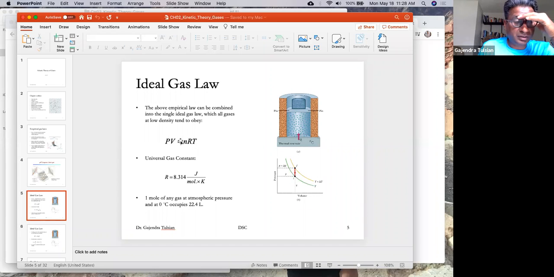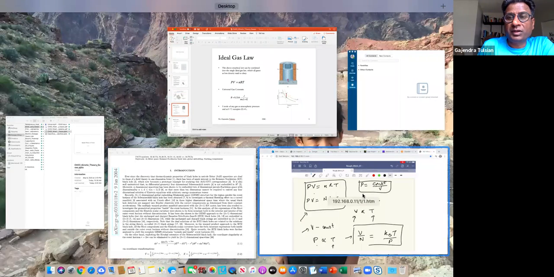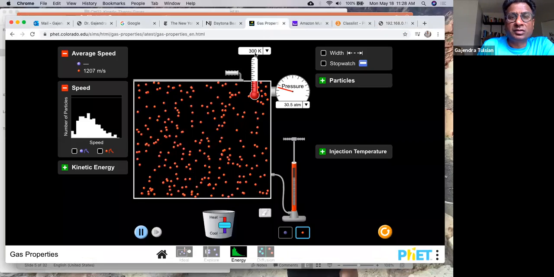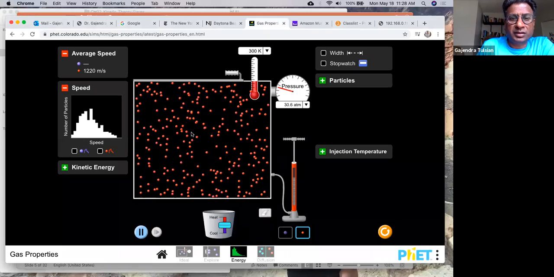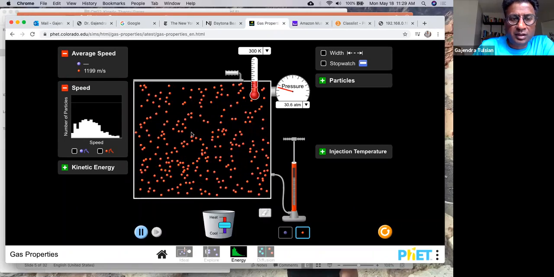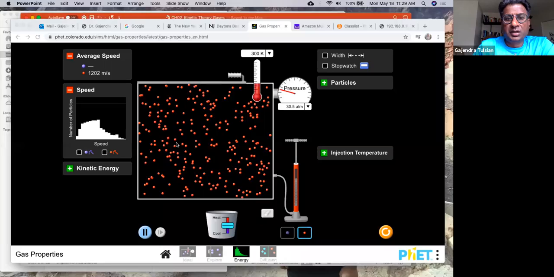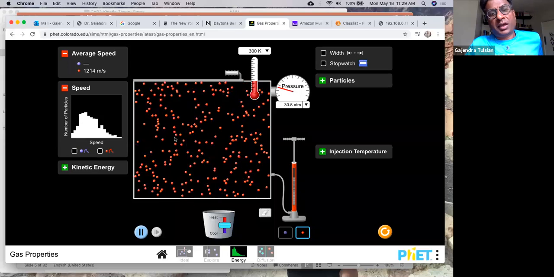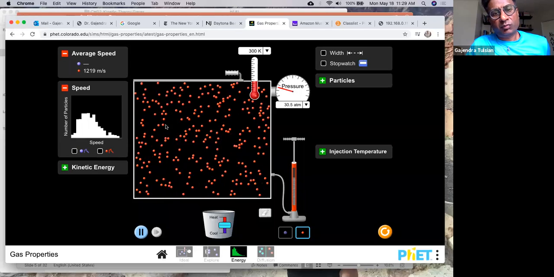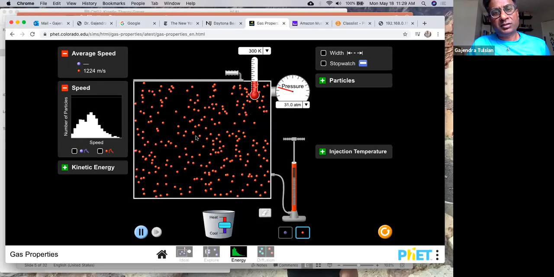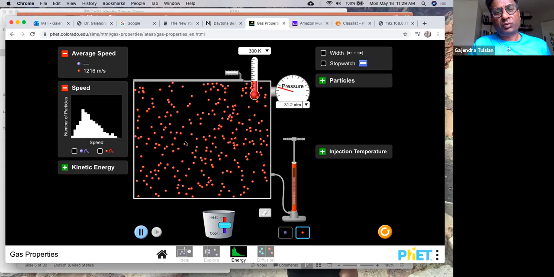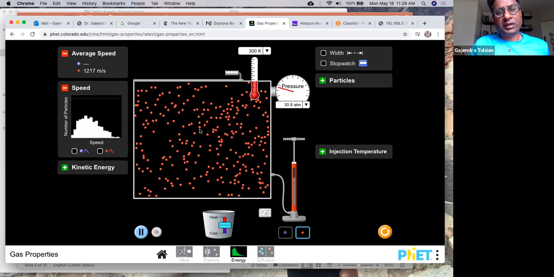In this ideal gas law, we are assuming the volume of each of those molecules is very, very tiny, so they're essentially point particles. Later we'll make corrections to this, but what the ideal gas law assumes is that gas molecules have negligible volume and negligible intermolecular forces, so they feel each other only when they collide.